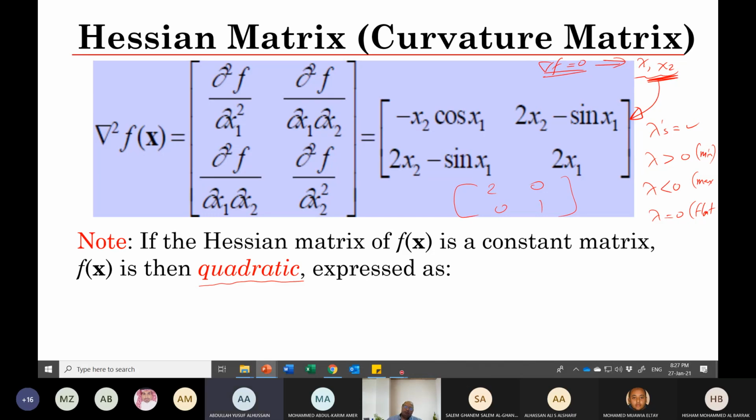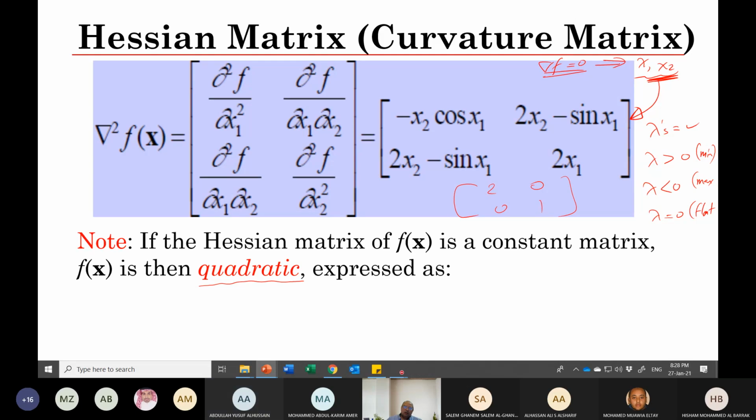But we have more than one eigenvalue. So if one is positive and the other is negative, what can we say? One is positive and one is negative? Yes. This is not the case, Hussein.